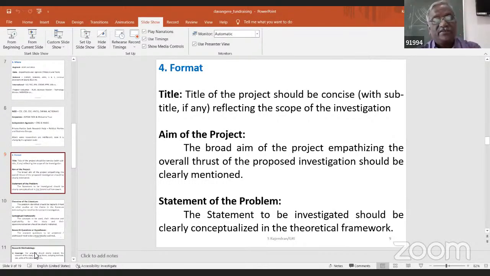The problem investigated should be clearly conceptualized by interlinking the theoretical framework with the empirical domain of a specific aspect, for example, drinking water supply or sustainable agriculture development. You have to give the proper perspective of the interlinking theoretical as well as analytical framework on the specific theme or thrust area.